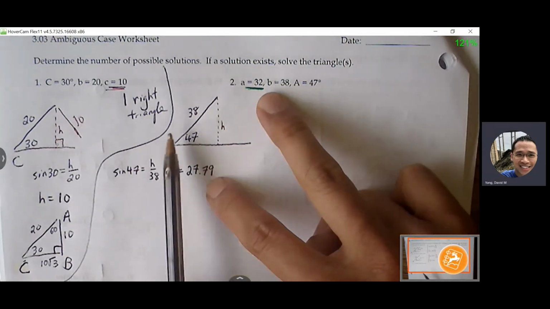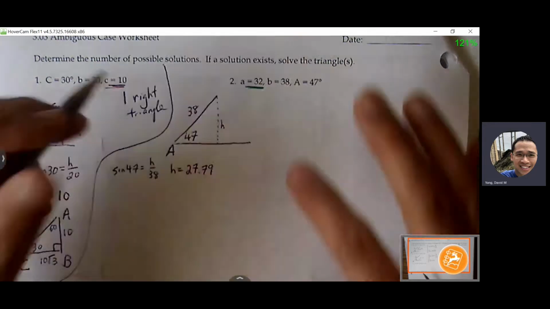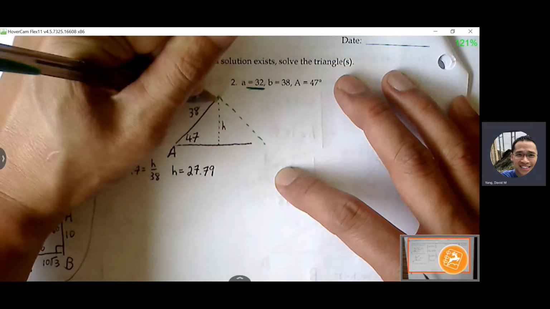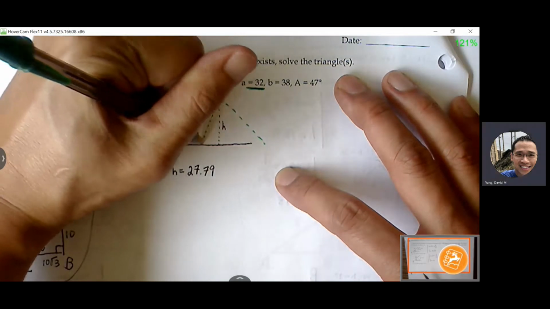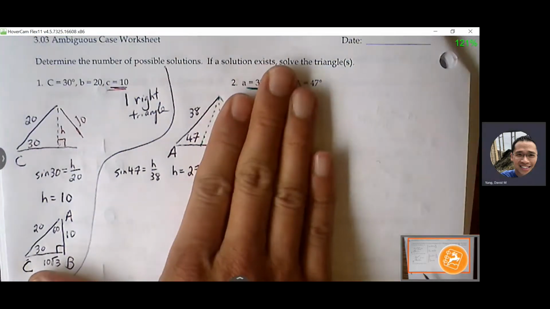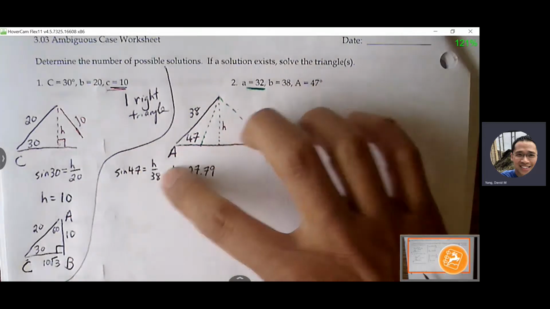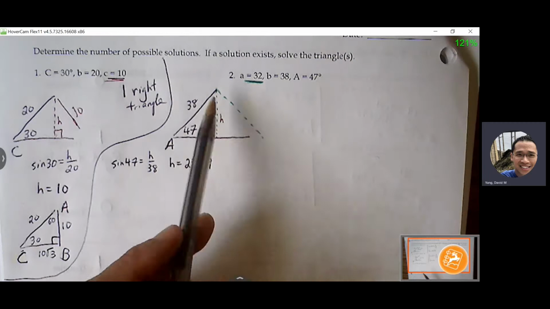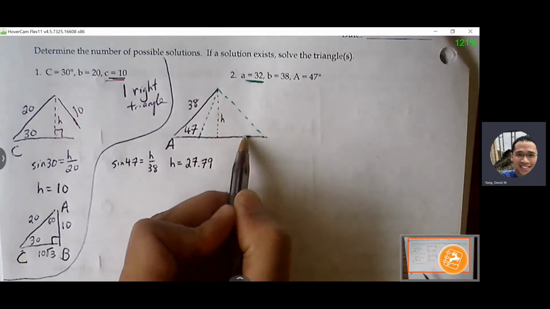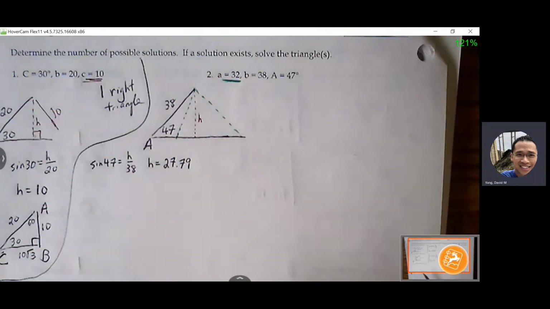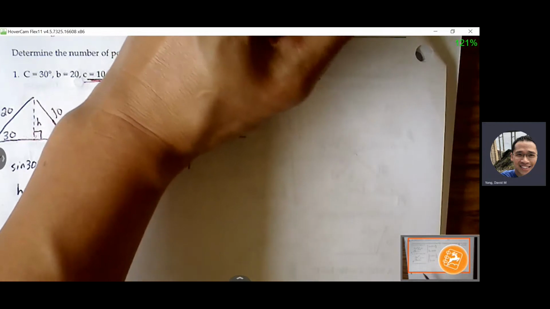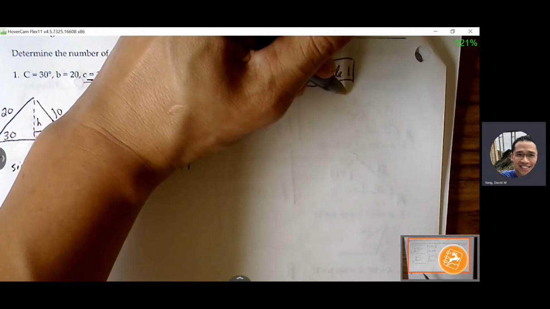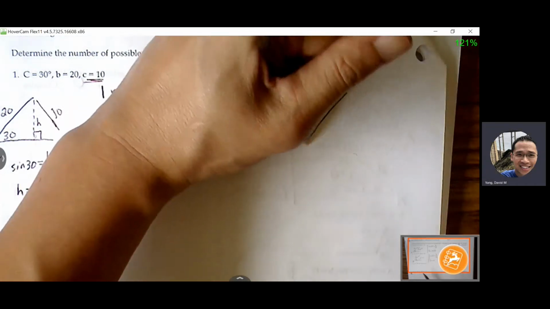What does this tell us? 2 triangles, right? Okay, so we have 1 triangle here, another triangle. So we got an obtuse triangle, and also we have an acute triangle. Okay, let's do the more obvious one first. Let's do the larger triangle. So I'm going to put this to the side here. This is triangle 1. Label all my parts here.